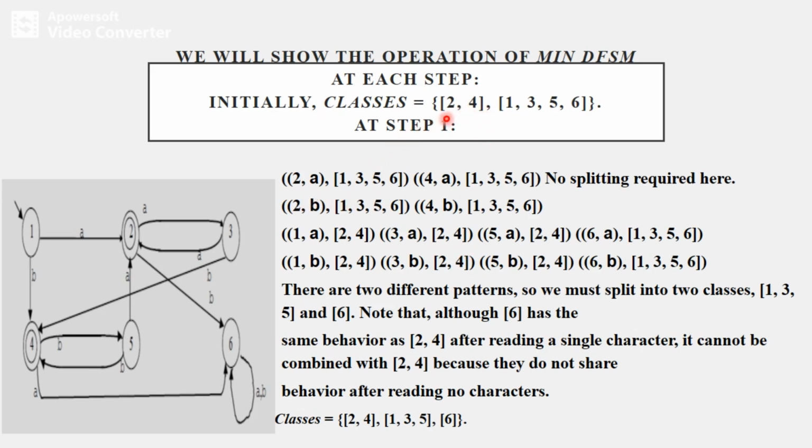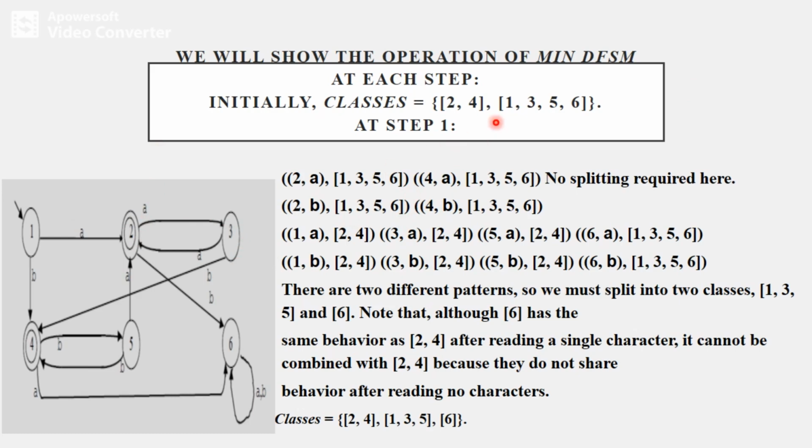Let's analyze this. First, I'm considering 2. The alphabet we have to consider here is a and b. State 2 on input a goes to 3.